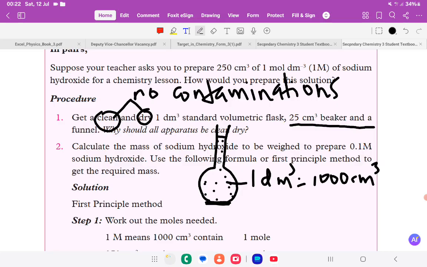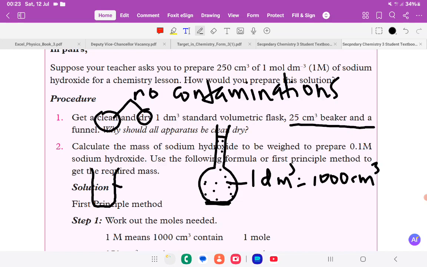It's a pretty small beaker, graduated in cubic centimeters, or in case you don't have one graduated in cubic centimeters, you may have one in milliliters.